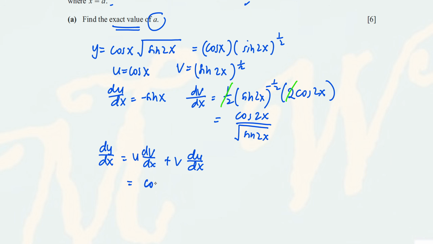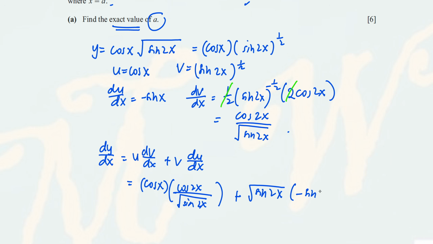That means now here I will get cos x, that is my u. My dv/dx is cos 2x over square root sine 2x plus v du/dx. So the v is actually square root sine 2x. And then I multiply with minus sine x. Okay, that is my differentiation.